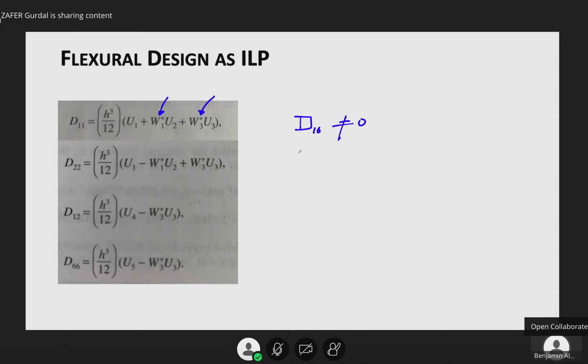But they are typically small, compared to the D11 through D66 terms, the other D terms that you see here.